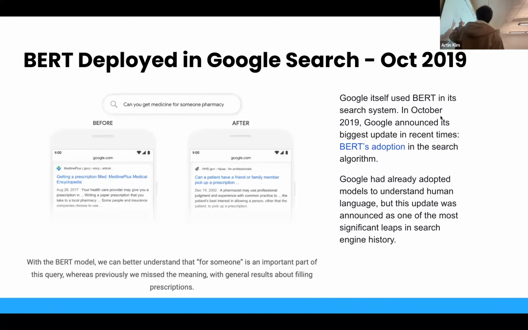It would just give you random prescription medicine because it saw pharmacy and medicine. But after, because BERT was really good at understanding language, it understood you wanted a friend or family member to pick up a prescription for you, which makes search way better.